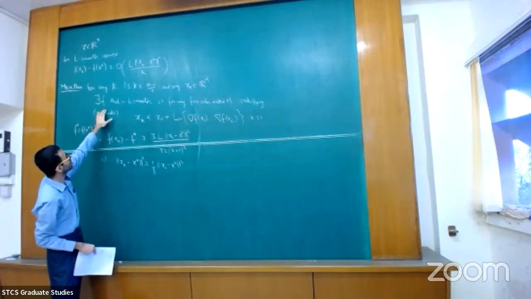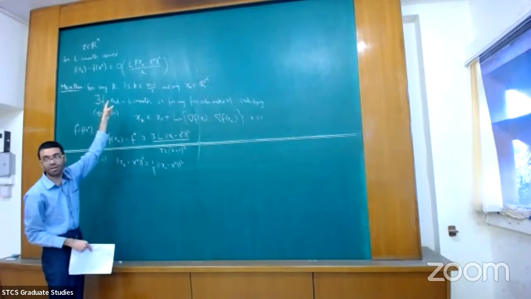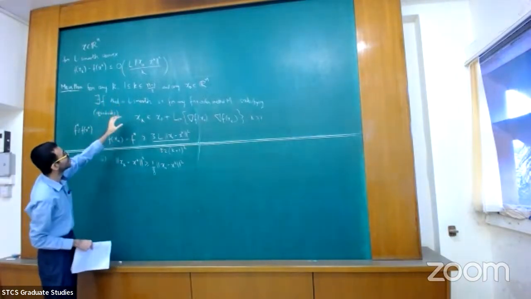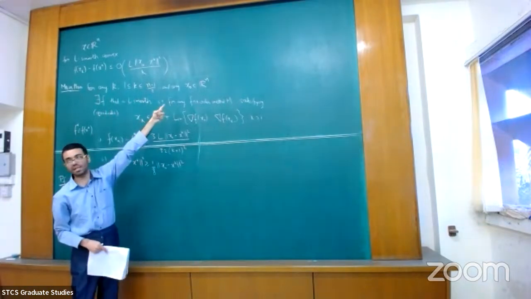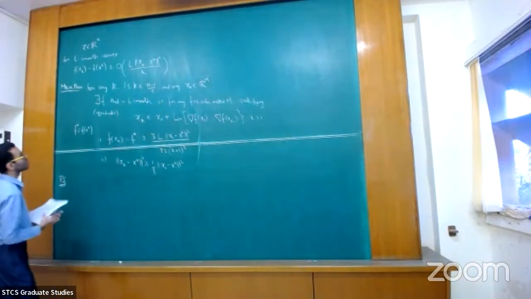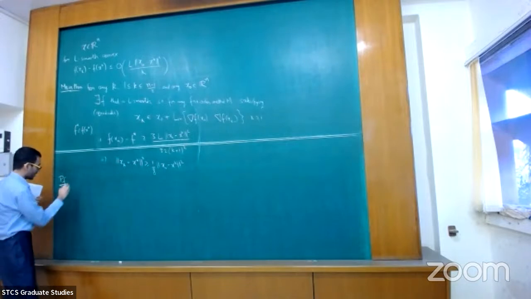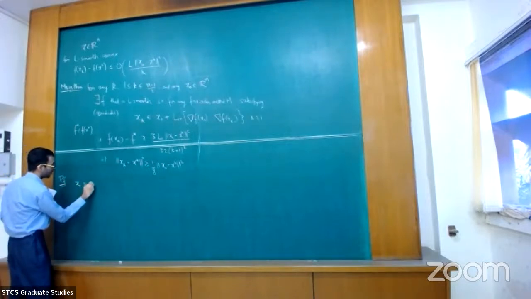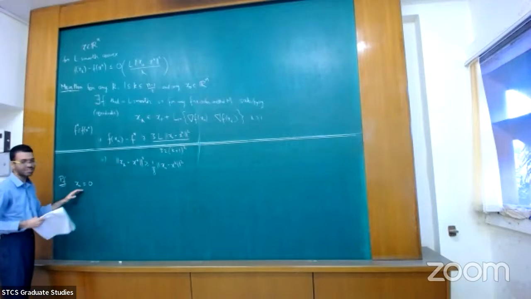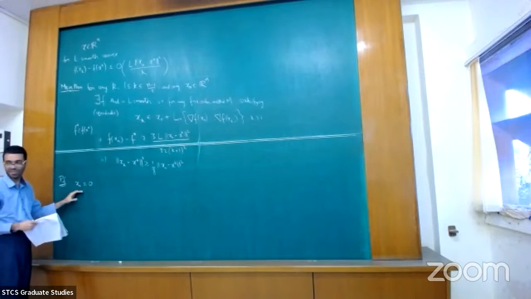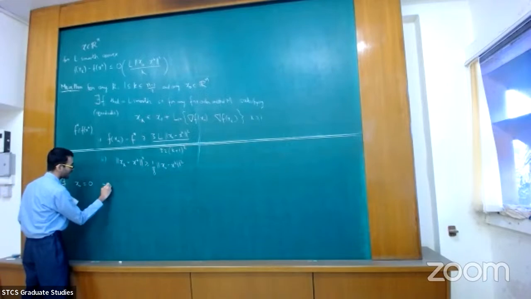So the function you choose can depend on what k you have, and in fact it can also depend on what x0 you choose. So we can assume that x0 is equal to 0. Why? Because if it is not 0, then I can just shift everything so that it becomes 0. So this is without loss of generality.